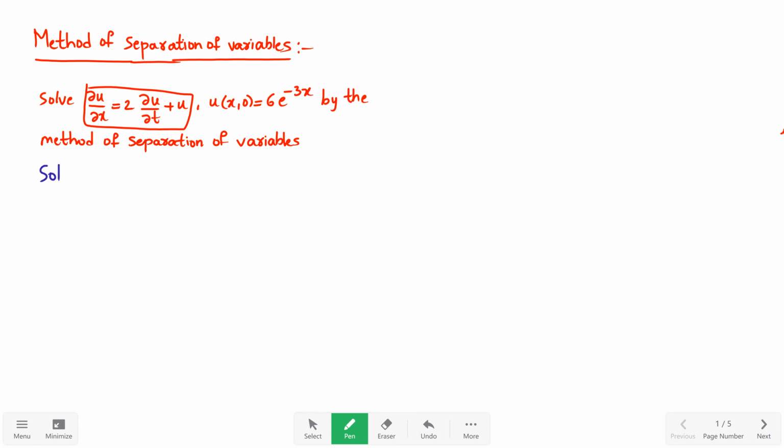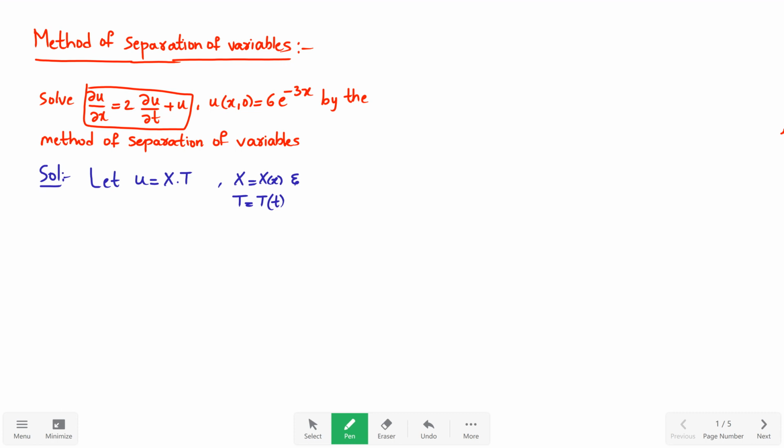Since u is a dependent variable in terms of x and t, to find the solution we have to assume u = X T, where X is a function of x and T is a function of the variable t.